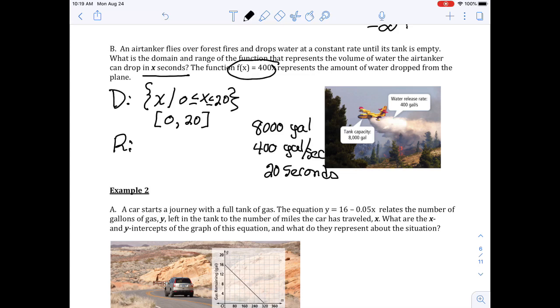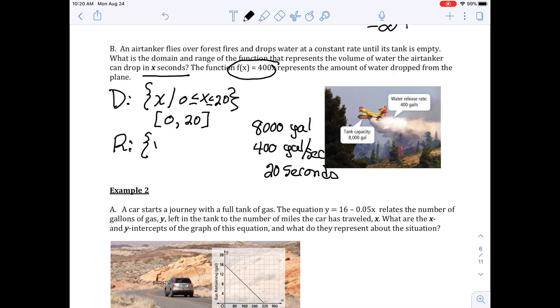For the range, the air tanker cannot drop a negative number of gallons, and its maximum capacity is 8,000 gallons. And so my range is going to be anywhere between 0 and 8,000 gallons.